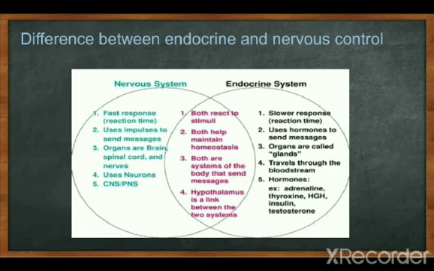The nervous system uses neurons, and the fourth point is that the endocrine system uses the blood stream. It transfers messages with the help of neurons or nerve cells, while the endocrine system transfers them through the blood stream.